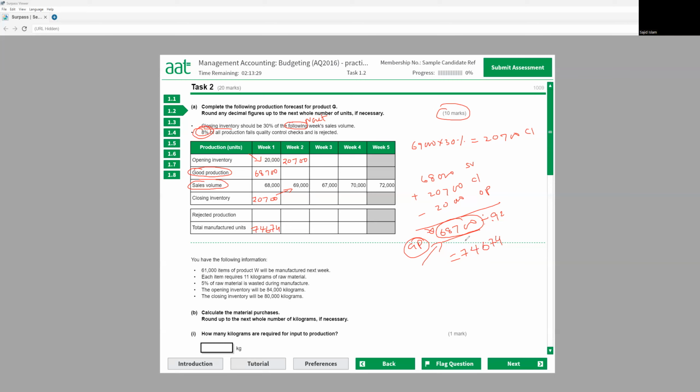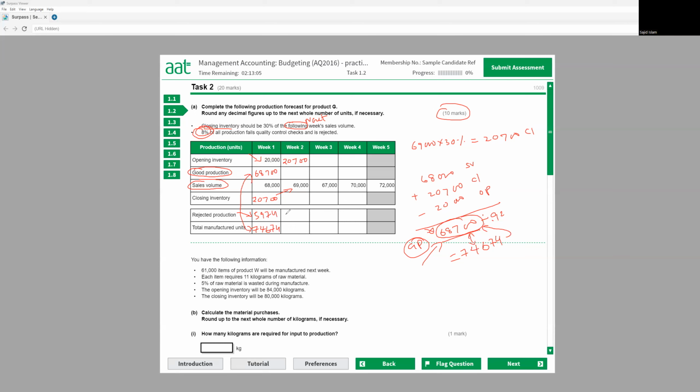The difference between these two is actually the rejection: the gross figure and the good production. If we take the difference between these two, this balancing figure will come here as the rejected production. So this will be 5,974.